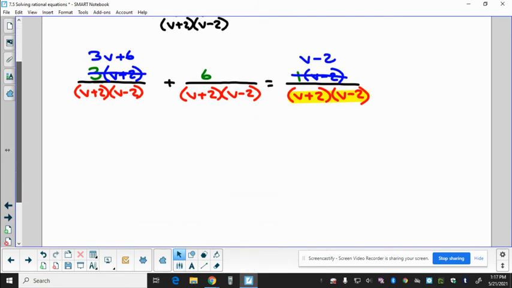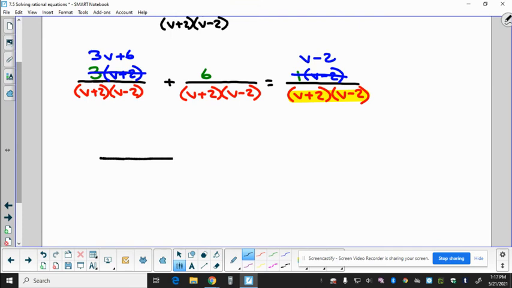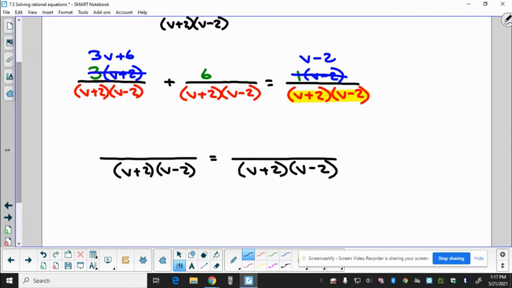All right, let's go ahead and rewrite this as 1 equation, v plus 2, v minus 2 with the denominators. So the numerators here would be 3v plus 12, and then v minus 2.